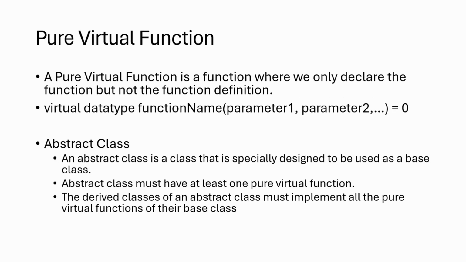A pure virtual function is a function that doesn't have an implementation at all. From a code perspective, you'll have the keyword virtual, then the data type, which is the return type, the function name, and you'll say equals 0.